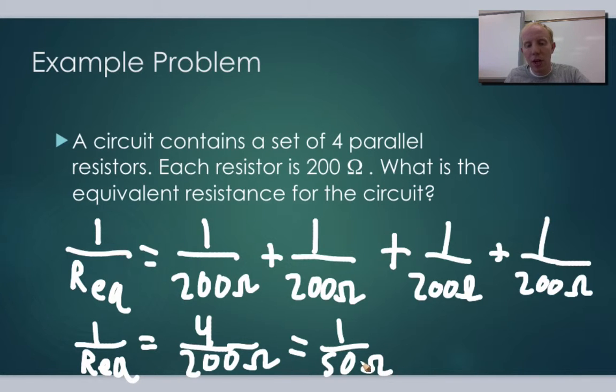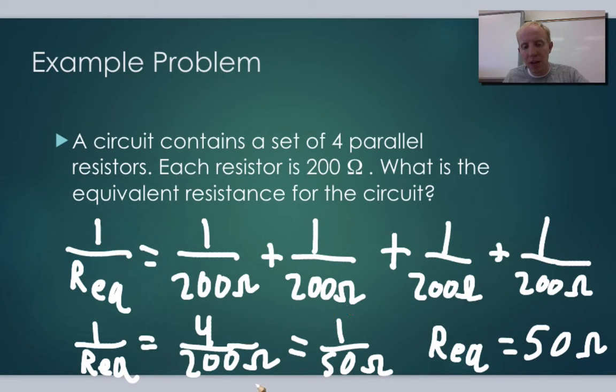So then the equivalent resistance, since these are both on the bottom, Req equals 50 ohms. This one works out nicely because these are all the same. We can just simplify the fraction and then take what's on the bottom. It doesn't always work out that nicely in other problems.